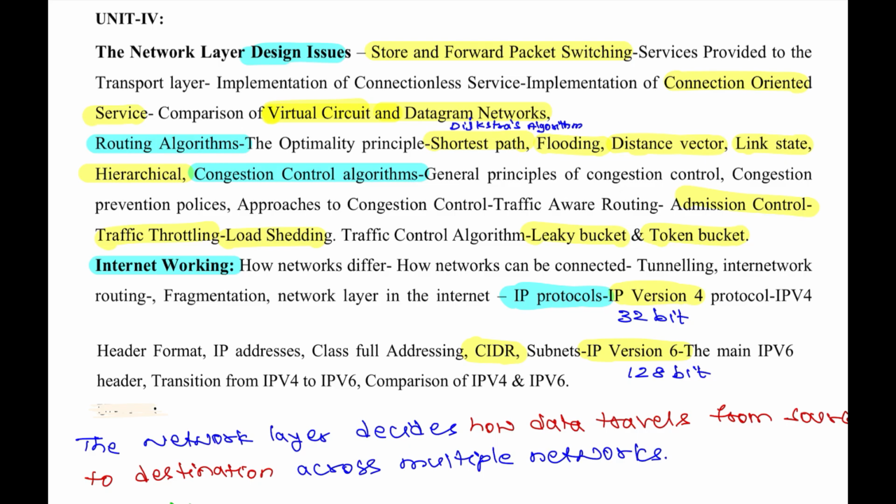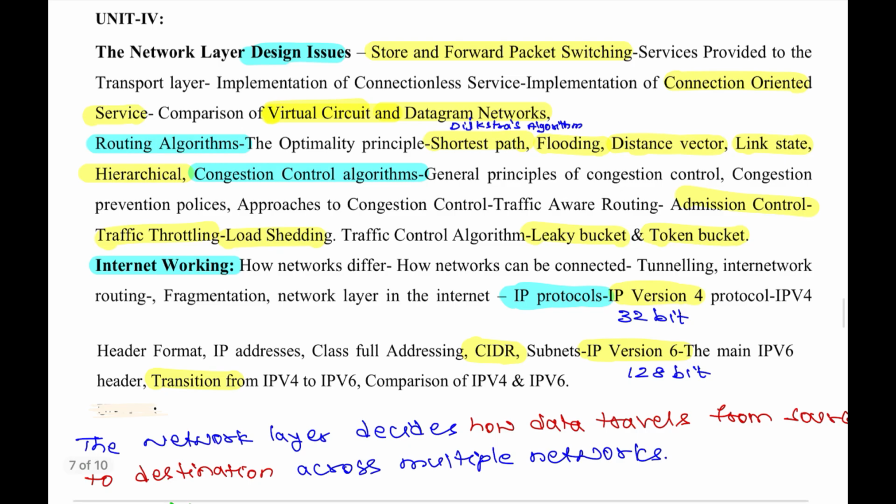And the next one is the transition from IPv4 to IPv6. Okay, so there are different methods like dual stack, tunneling, or header translation, to move from IPv4 to IPv6.